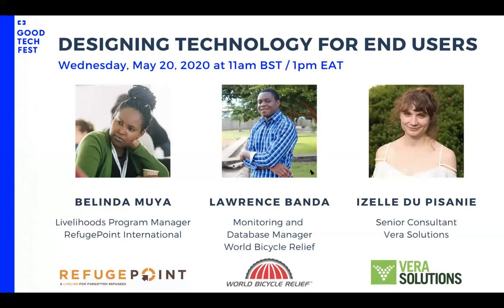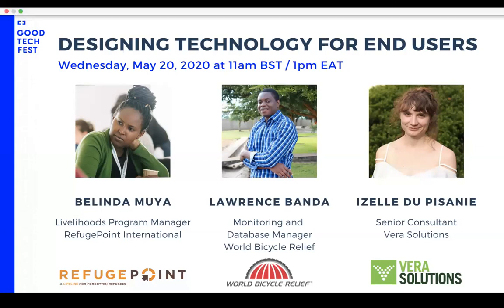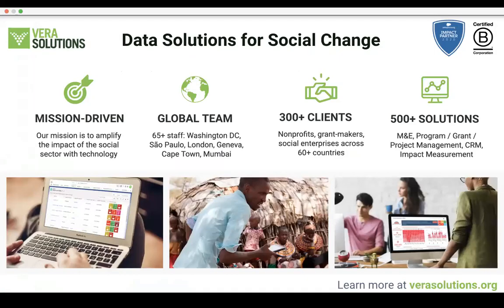So let's start with a round of introductions, and I'll begin with myself. You might wonder who this sheepish looking girl at the right side of the screen is. But my name is Izaldo Pisani. I'm a senior consultant at Vera Solutions.